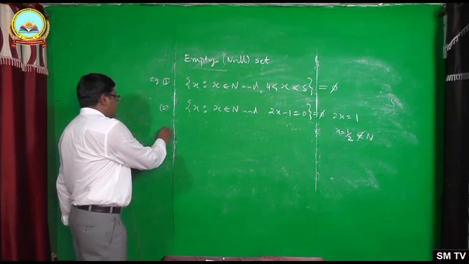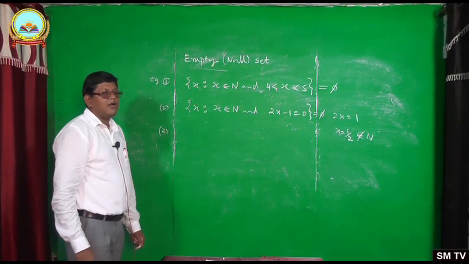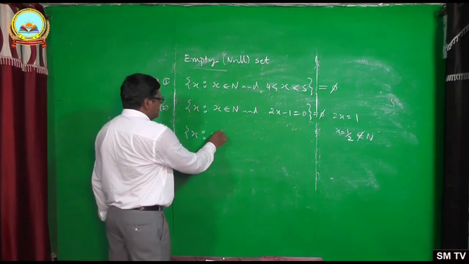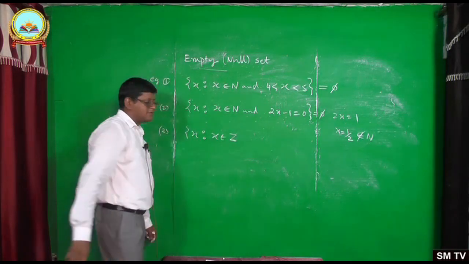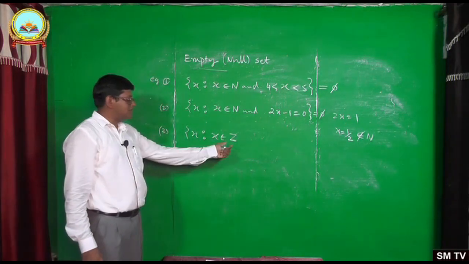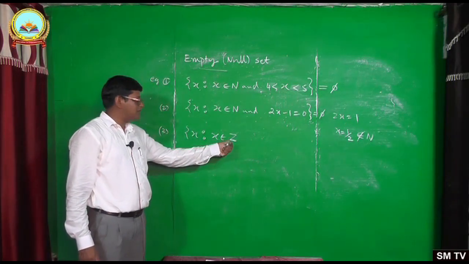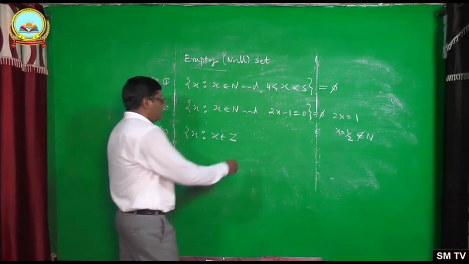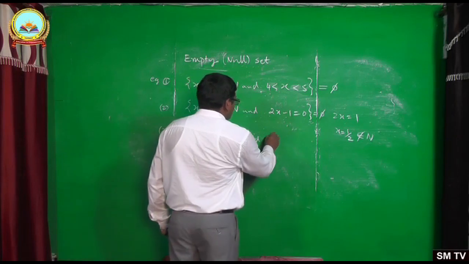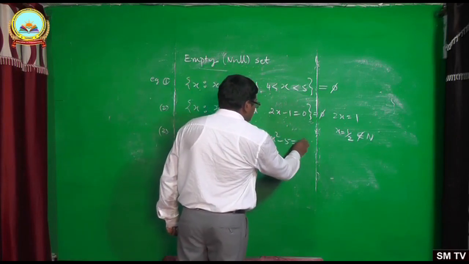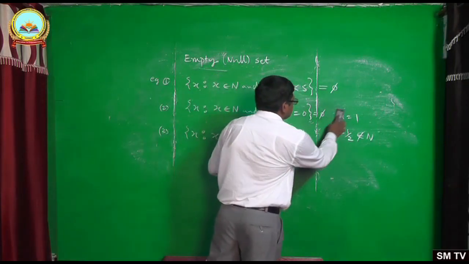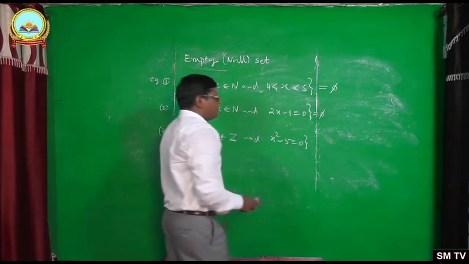Okay, we shall take one more example. The set of all x such that x belongs to Z. Z means the set of integers. If I write x belongs to Z, that means x is any integer, and x square minus 5 is equal to 0.